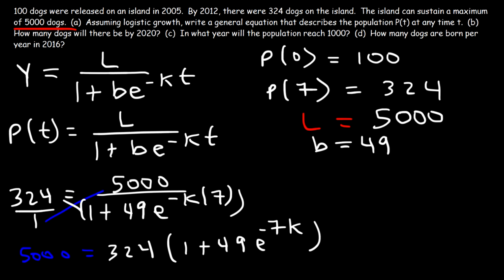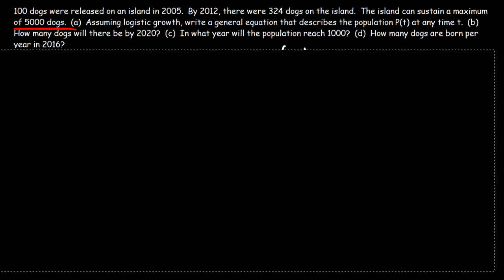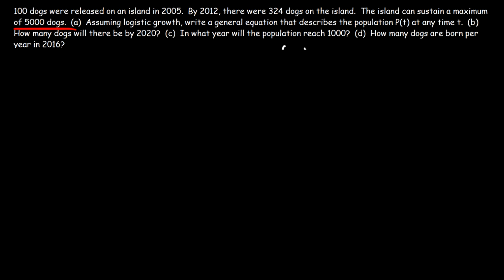Now, if we divide both sides by 324, 5,000 divided by 324, that's going to be 15.432.